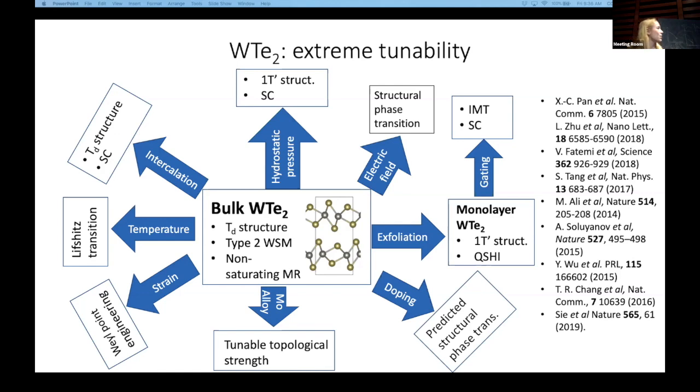I'll discuss the relevant pieces in a little bit, but today I'll be discussing the bulk system. I'll remind you, if you're not following the 2D materials field, that this material can also be exfoliated down to a monolayer or several layers. In that regime, it becomes a quantum spin Hall insulator, perhaps one of the most robust examples that has been found thus far, and it becomes superconducting with gating.